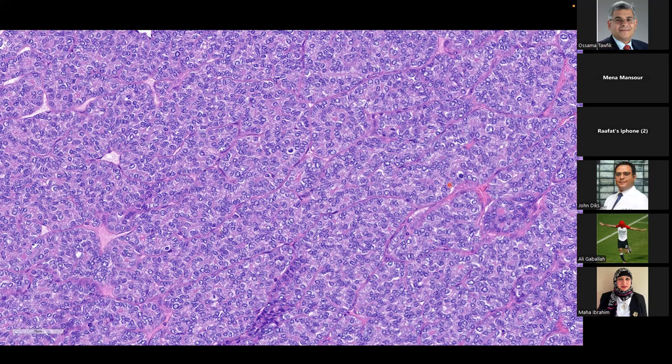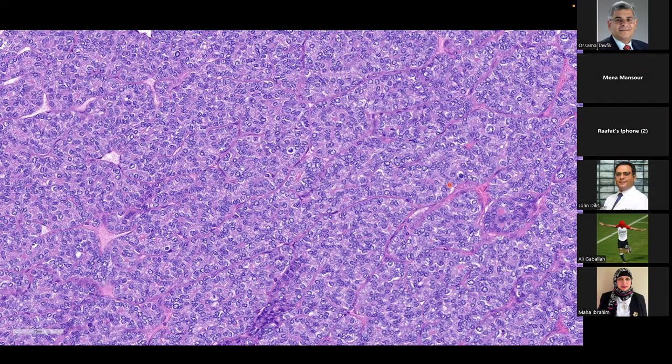But then we noticed that there are these lesions that look like PTC, they look like follicular thyroid carcinomas without solid areas, but they do have increased mitotic activity and necrosis. A few years ago, we would call them PTCs.